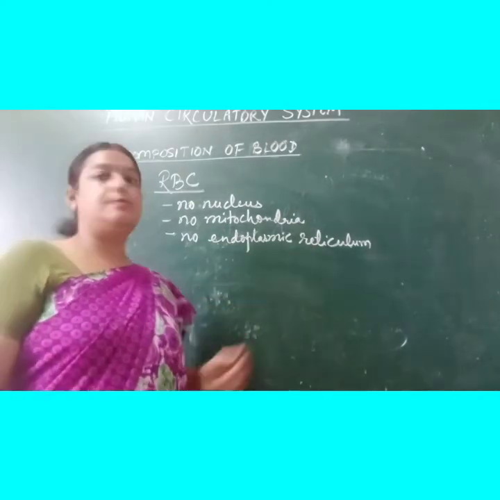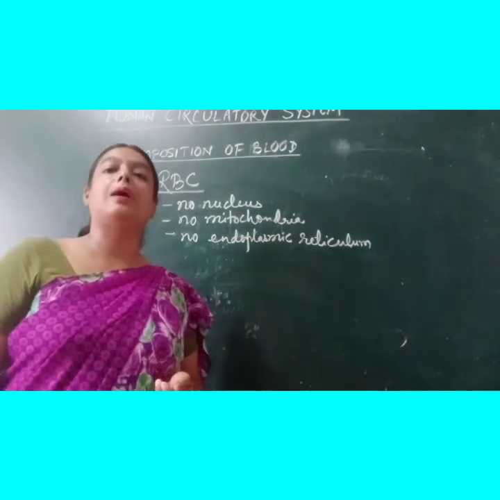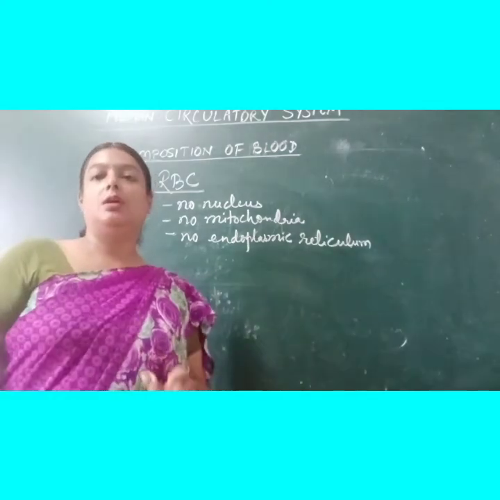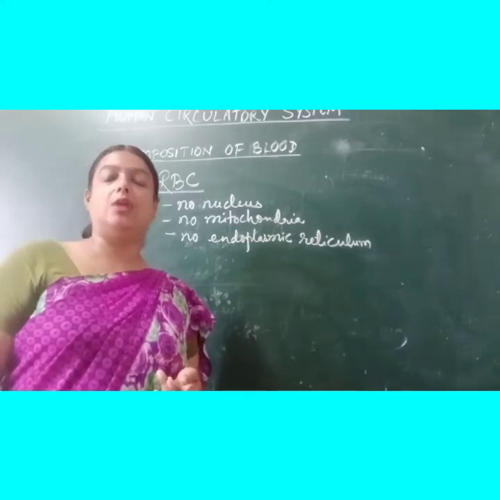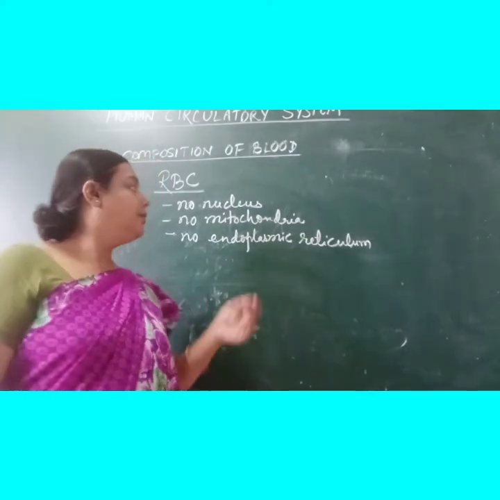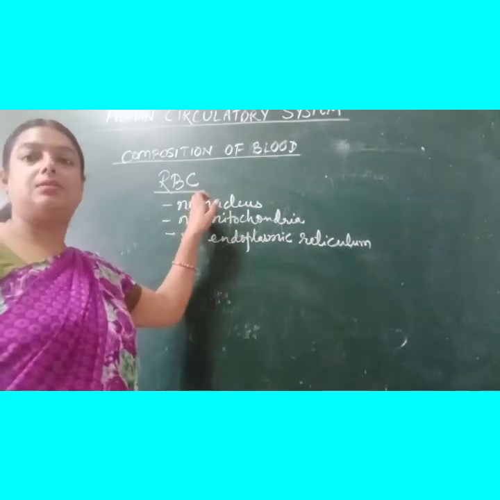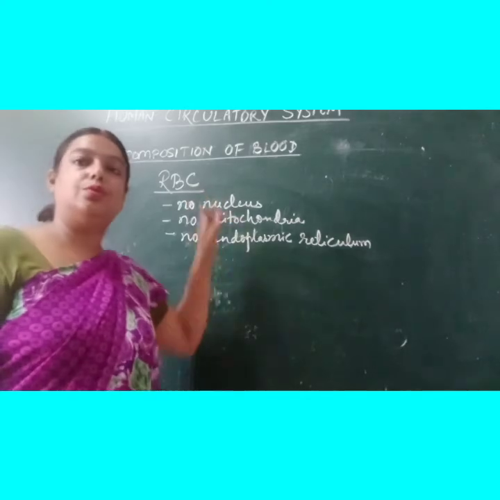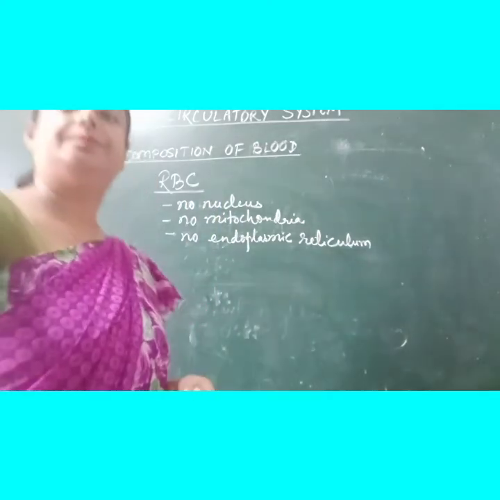Absence of endoplasmic reticulum increases the flexibility of RBC so that it can pass very easily through narrow capillaries. We all know that capillaries have a narrow lumen, and this flexibility lets RBC pass through narrow capillaries very easily.